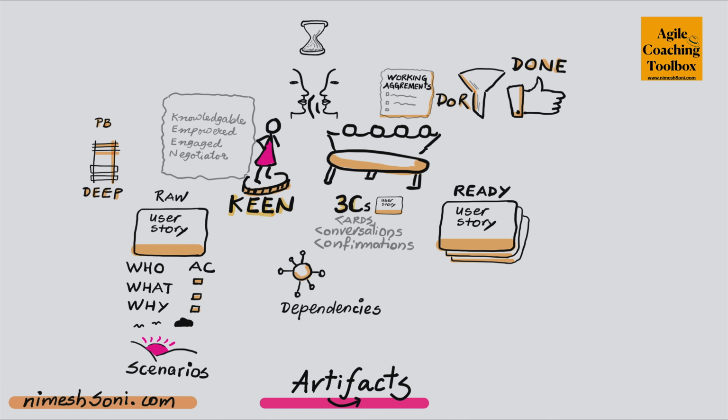In fact, we are looking to build up a pipeline of ready stories that will keep the team busy for the next couple of sprints. Right? So we are looking to build up that pipeline of ready stories. Stories that the team has complete understanding of, the team feels that they are ready for the future sprints, they can work on it and they can get it to done in a particular sprint.